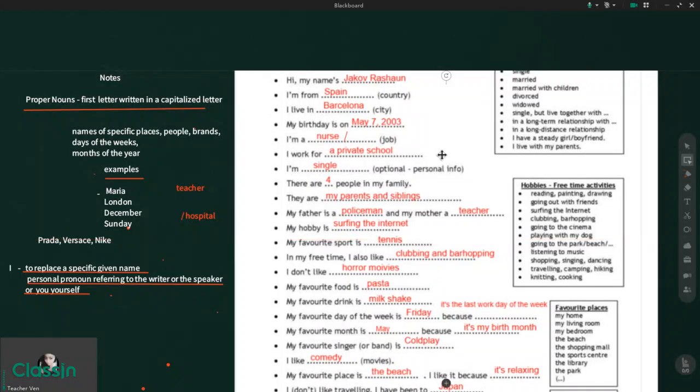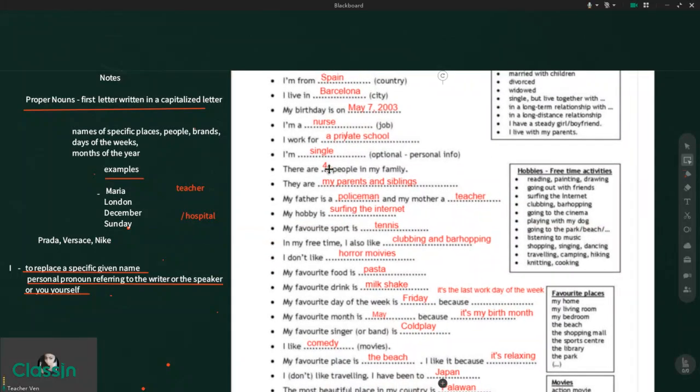I'm from Spain. So you can write down here what country you are from. For example, here it's Spain. Spain is the name of a specific place, so the first letter is capitalized and the rest are small letters.